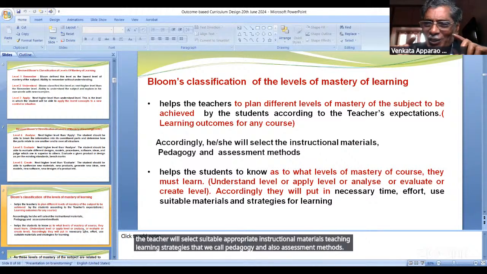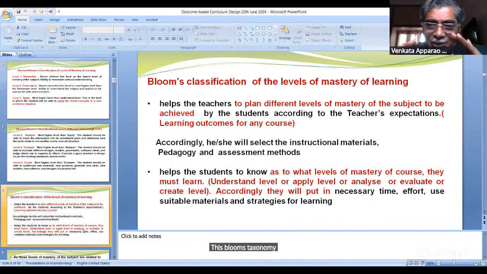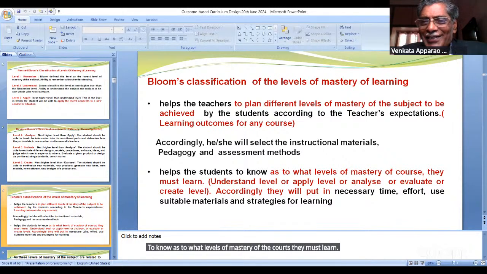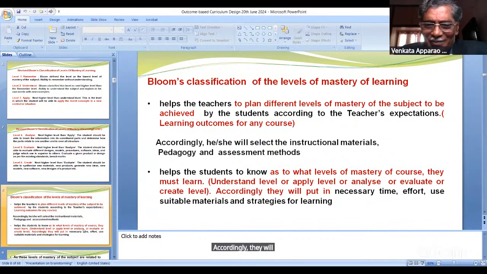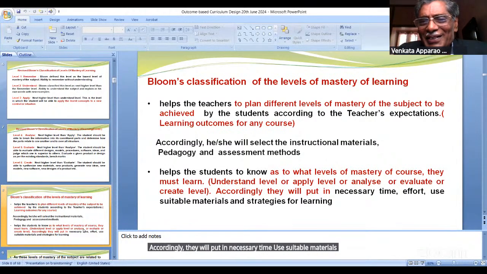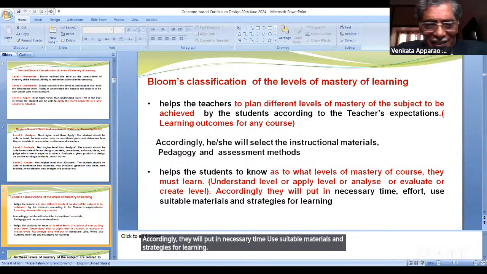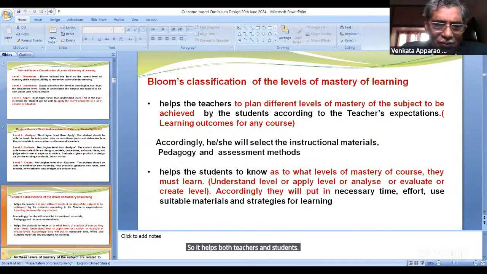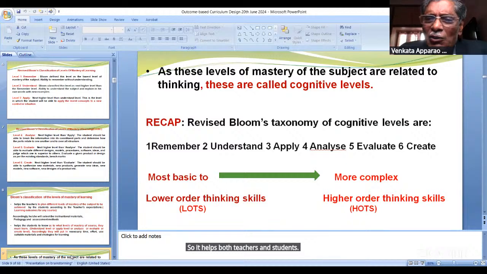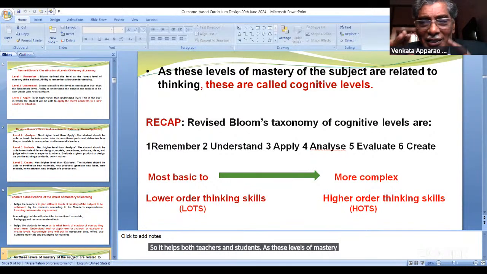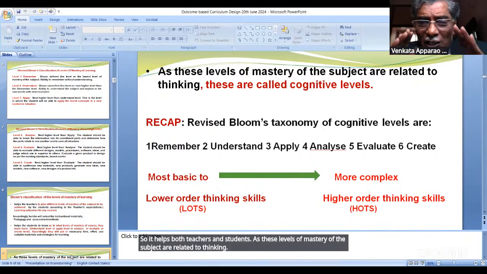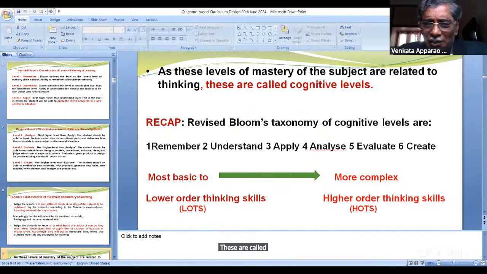It also helps students to know what levels of mastery of the course they must learn. Accordingly, they will put in necessary time and use suitable materials and strategies for learning. So it helps both teachers and students. As these levels of mastery of the subject are related to thinking, these are called cognitive levels.